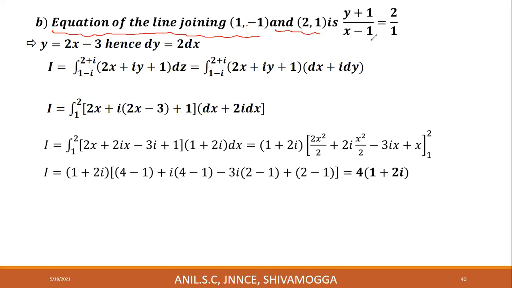Therefore we use the two-point form, which is given by y minus y1 divided by x minus x1 equal to y2 minus y1 divided by x2 minus x1. This is the formula. Substitute. Here y1 is minus 1, so y minus y1 is y plus 1, divided by x minus 1.